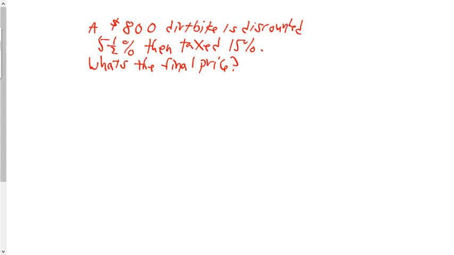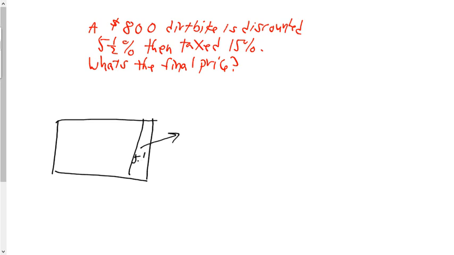We have one more question left. An $800 dirt bike is discounted 5.5%, then taxed 15%. How many of you did it mentally? Found 10%, found 5%, wrote it down, found 1%. Okay. The easiest way to do this, if it's discounted 5.5%, what percent are you going to pay for?